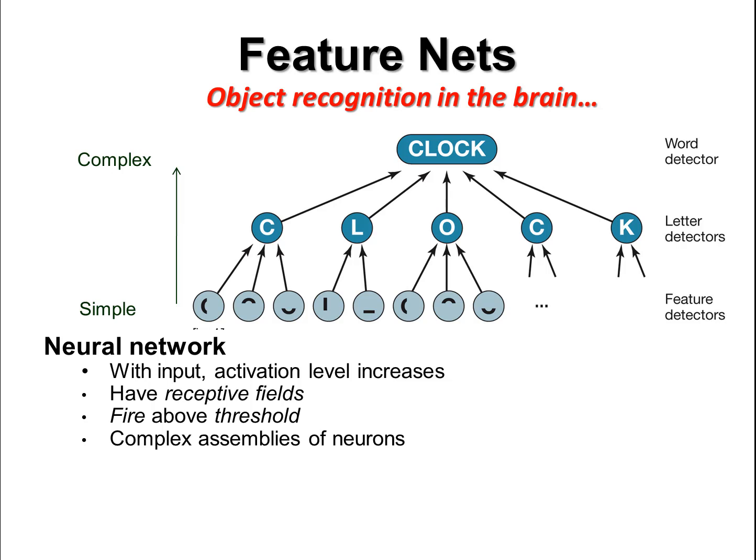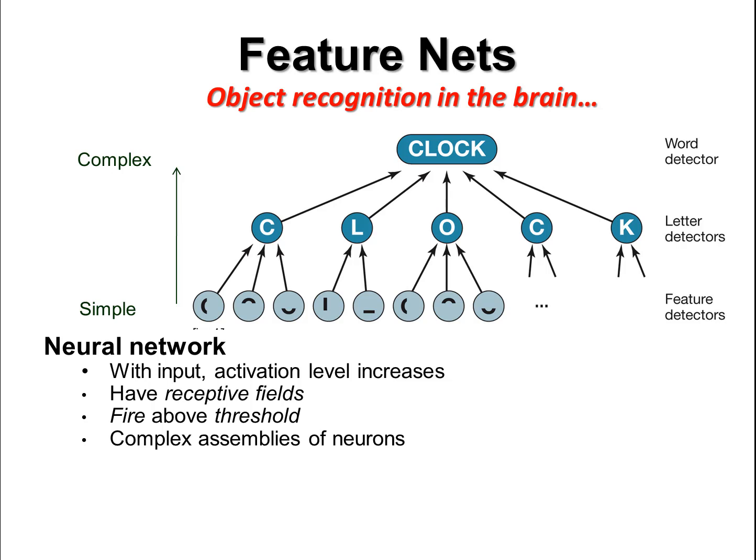So these feature nets have been designed to try and understand this complex network of perceptual recognition. And it starts with a layer of simple feature detectors and then adds to it progressively complex integrative layers that are able to recognize more and more of the written words, so letters and then perhaps even bigrams and then the word itself or the sentence.